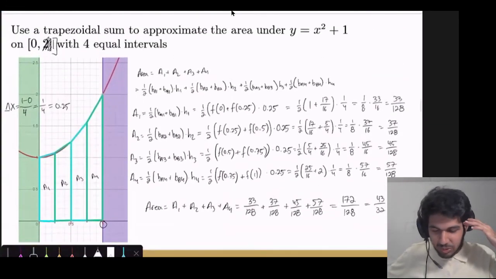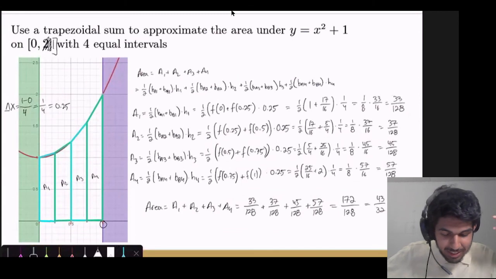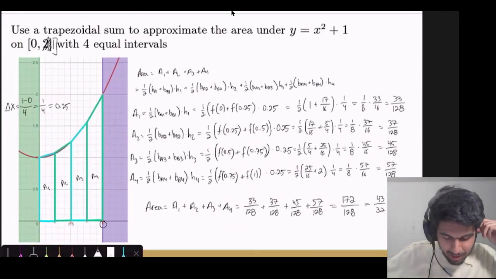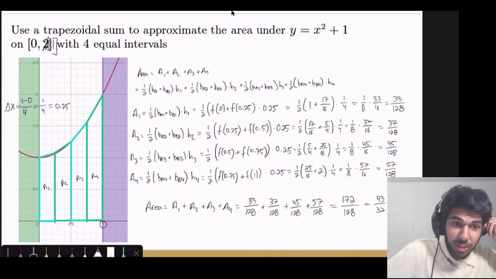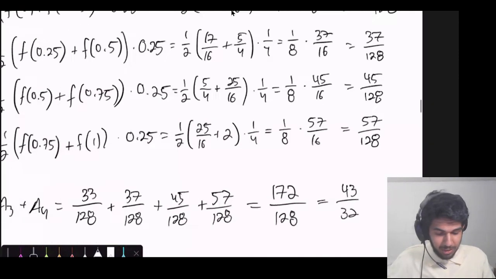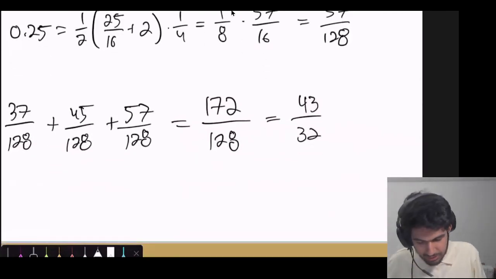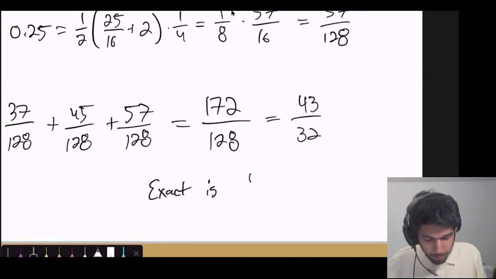If we're curious as to what the real value is, actually it is exactly 1 1/3. So the exact value is 4/3, right? This is equal to 1.333.